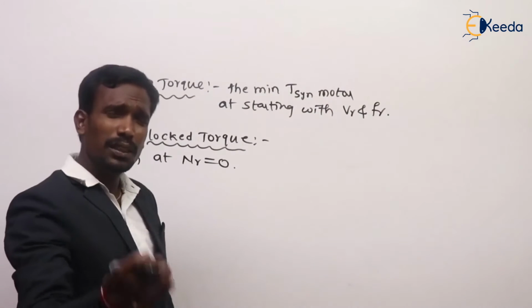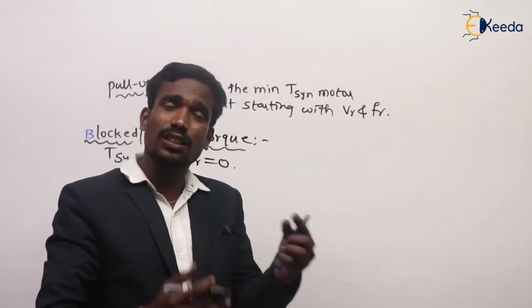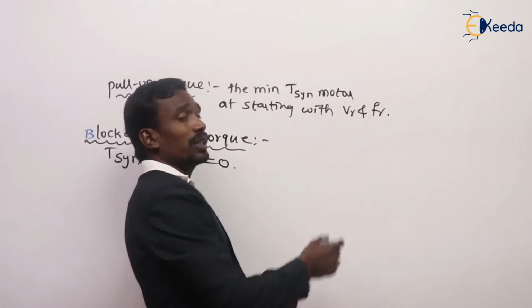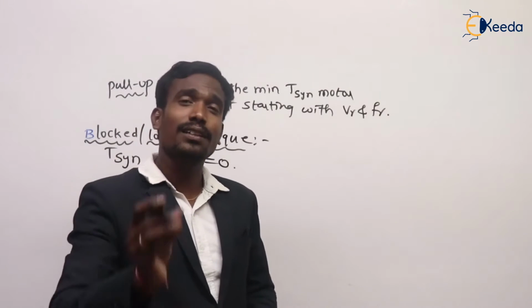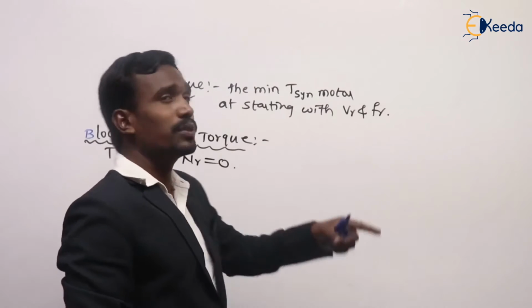Pull-up torque is nothing but the minimum torque developed by the synchronous motor at starting condition with the rated voltage and rated frequency. When the motor is going to start, at that condition, with the rated voltage and rated frequency, the minimum torque is called pull-up torque.